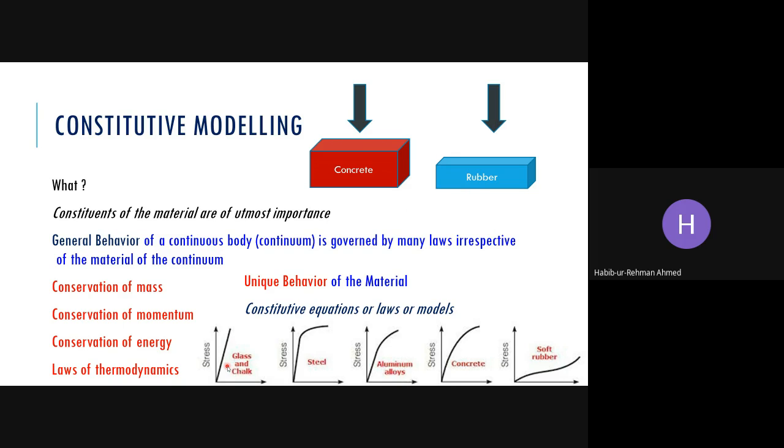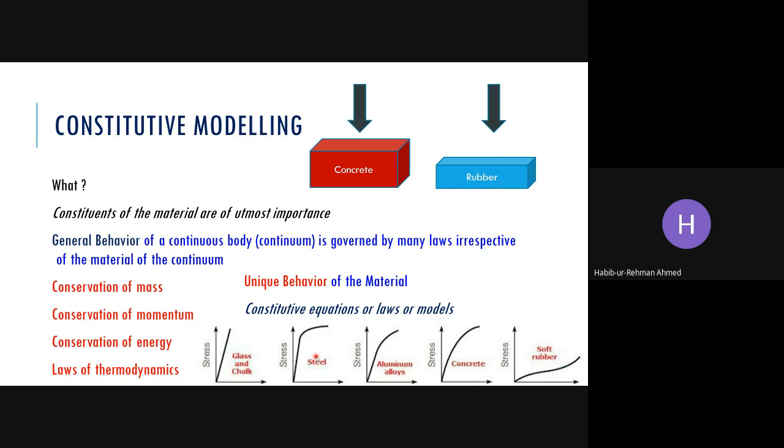That's why we say it is highly unique to the material. At the bottom of the slide, you can see the general form of stress-strain plots for different kinds of materials. For example, the first one is glass and chalk, the second one is steel, then we have aluminum alloys, then one applicable for concrete, and finally soft rubber, which I have shown you as an example over here.